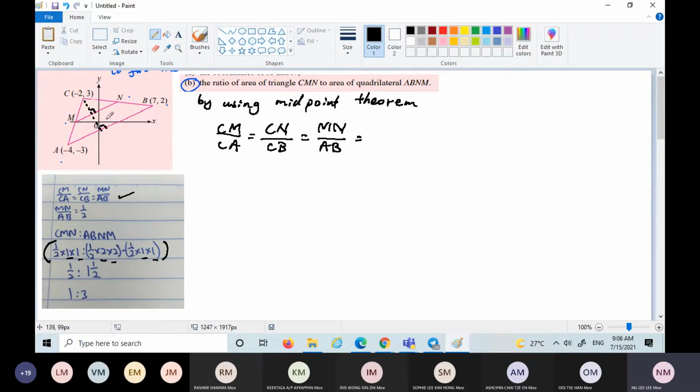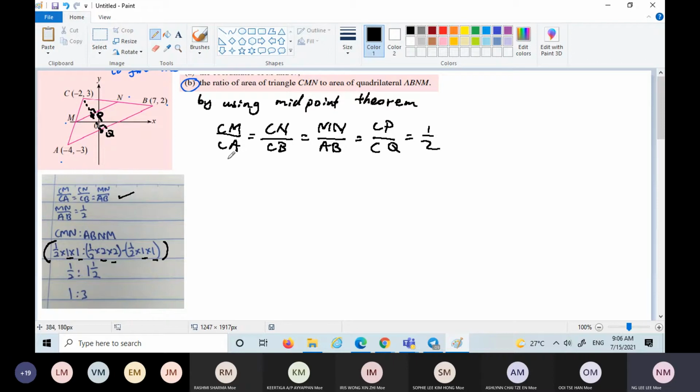I label this point as P, and this point as Q. Therefore, from the similar triangle, the ratio also is 1 over 2, CP over CQ. Then all of this, the ratio is 1 over 2.